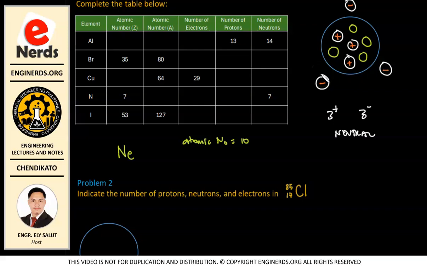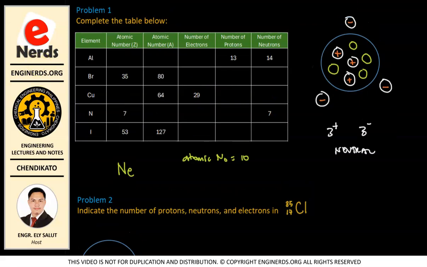From our previous lesson, in writing the isotopes of an element, we write the atomic number at the bottom left. In this case, we have an atomic number of 10, so you will write 10 at the bottom left of our neon.